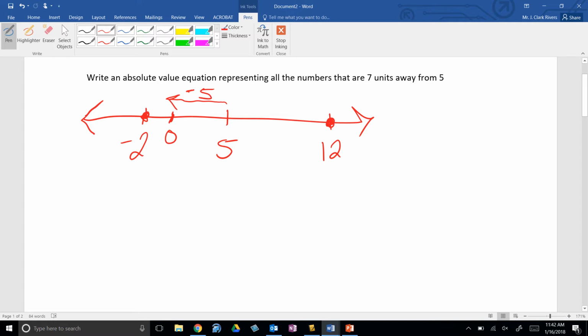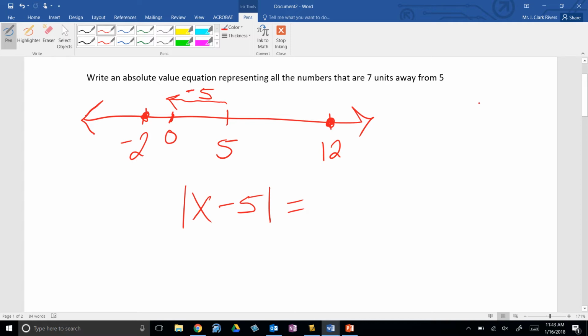Okay, so if I've got x, and I subtract 5 from it because I'm moving 5 to the left to get to 0, x minus 5. The absolute value of that is equal to, what's the distance, right? Because this is the absolute value, the distance a number is from 0. What is the distance we're dealing with? 7 units.